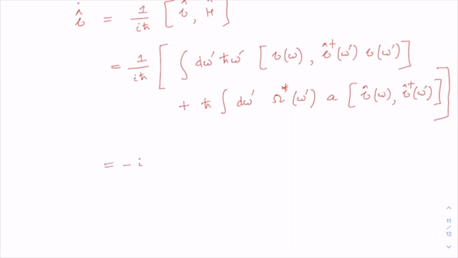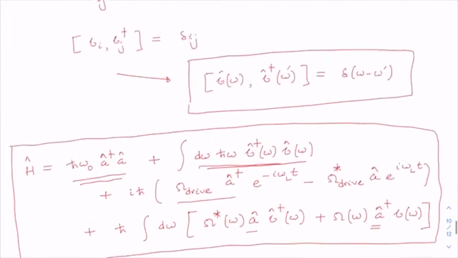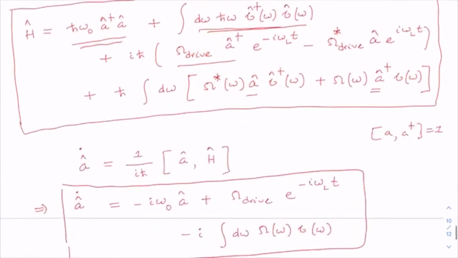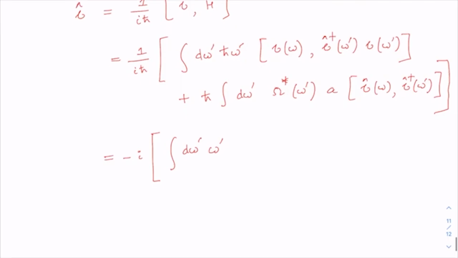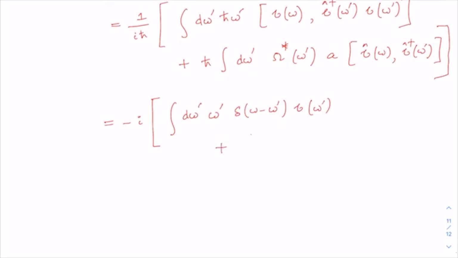You will have minus i times the integral d omega dash, and we now use the commutation relation. If we use it, then you will have delta of omega minus omega dash b of omega dash, and the next term would be the integral d omega dash omega star of omega dash a delta omega minus omega dash.